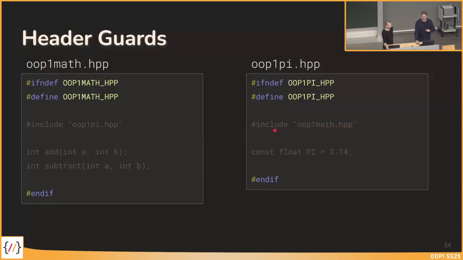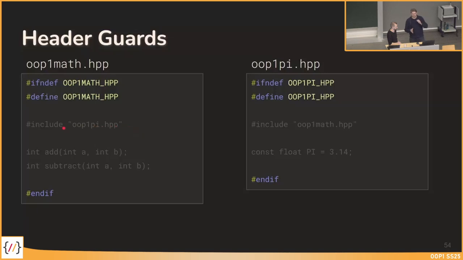So in this header file here, there's actually include OOP1 pi HPP and int add int subtract, which is here, then const float pi. And then when you have this code in the OOP1 pi HPP file, this then again is copied into this part here where we say include OOP1 pi HPP.